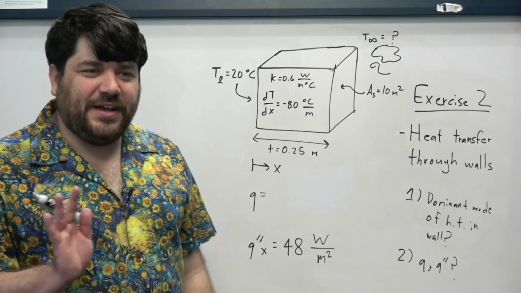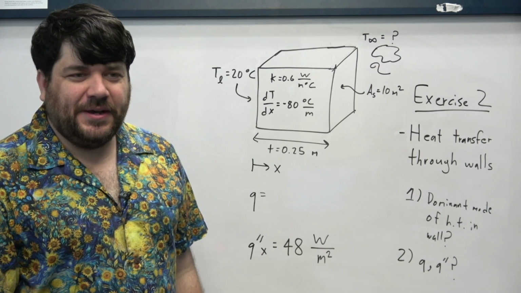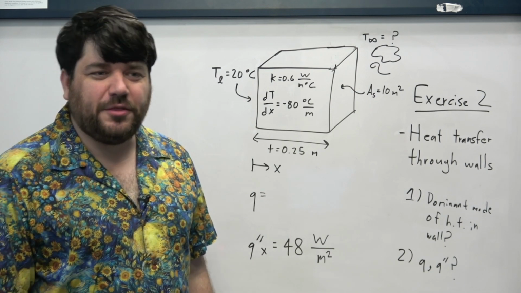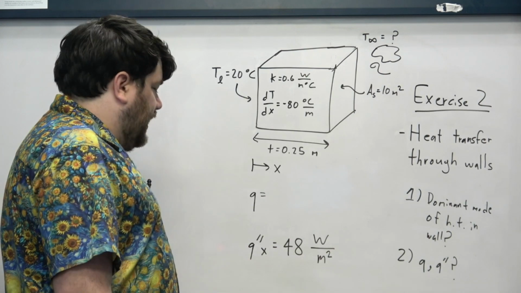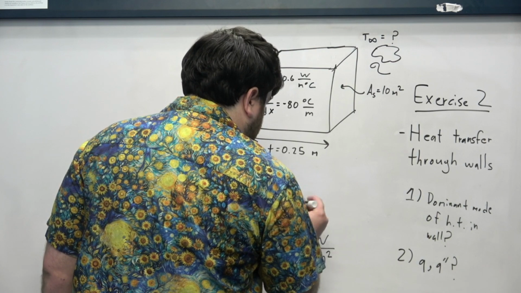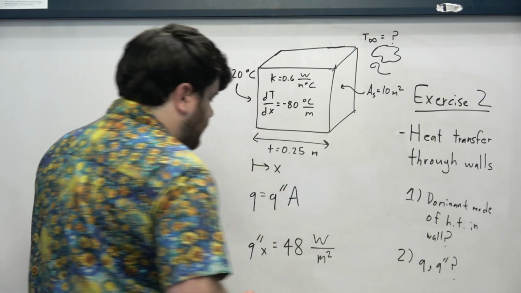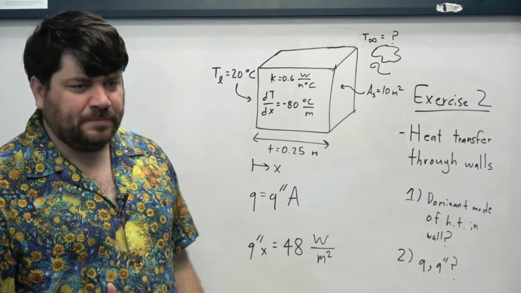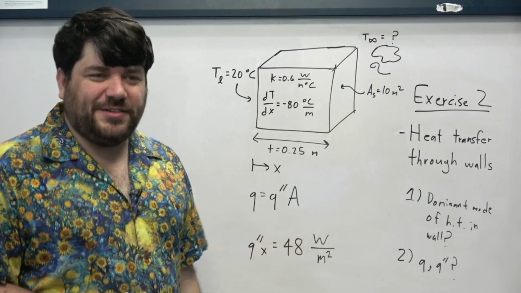If I wanted to understand how much Q, like what is the heat transfer rate through the wall, then I have to take this q double prime and multiply it by some area, assuming, of course, that the heat flux is constant through the wall, which we just stated it is. But the real question is, what is this area?